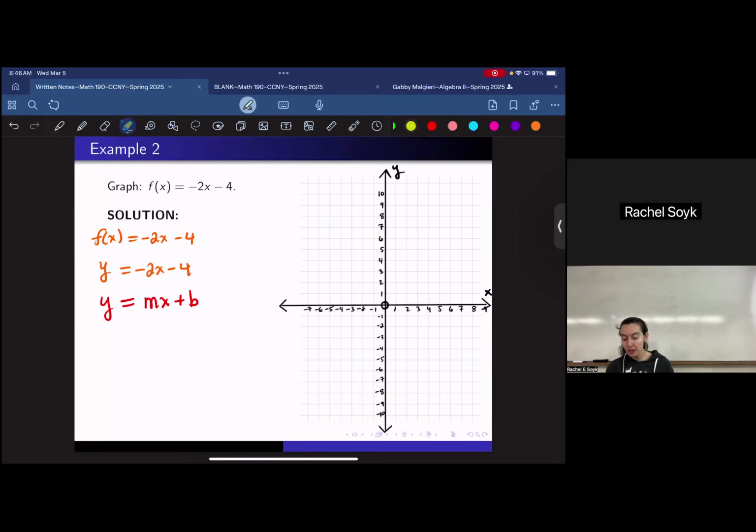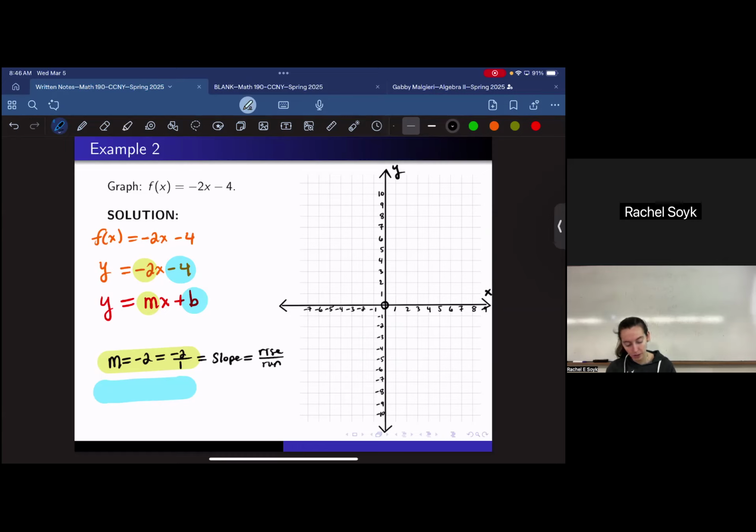We can easily identify what our slope is here, as well as what our y-intercept is. What's our slope? Yeah, and what's our slope as a fraction? Beautiful. Our rise over our run.